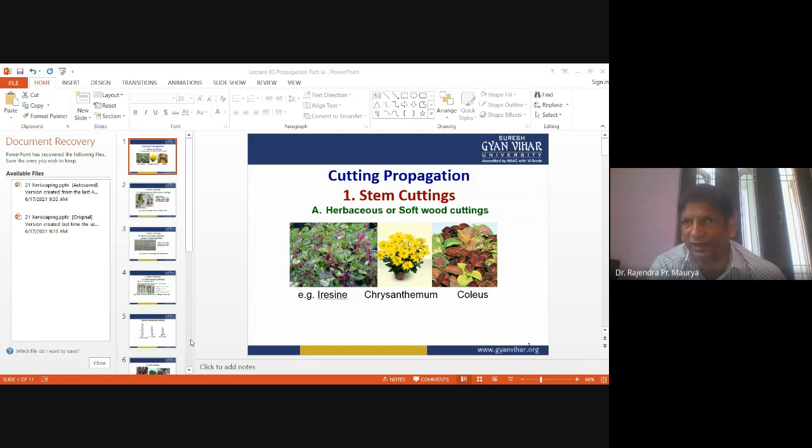In terms of the length of the cutting, we consider the ideal size 2.5 to 10 centimeters in length. Other than the length, it must include several nodes.